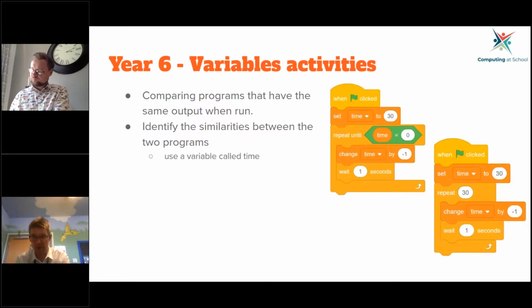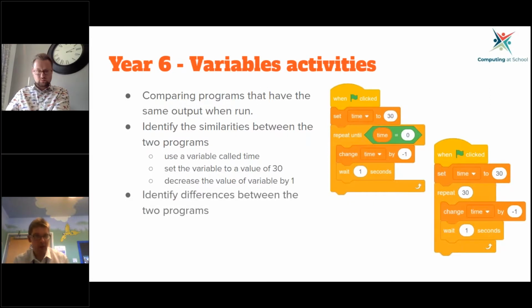So they both have a variable called time. They both set it to 30, so they both initialize it to 30, and they both decrease by a value of 1. And then you're looking at things that are different between the two programs. So one of them uses a condition, and one of them uses a count control loop.